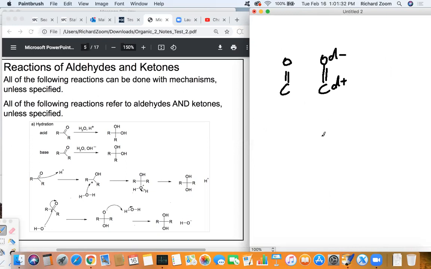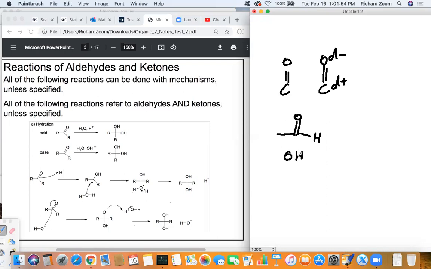Delta plus on the C, delta minus on the O. So anything that's negative will come in and attack the positively or partial positively charged carbon, and that's what's going on here. So if we did have this situation, that would be the first step.